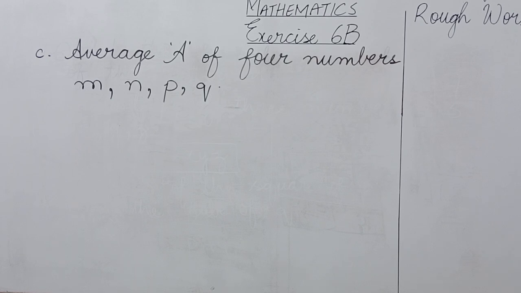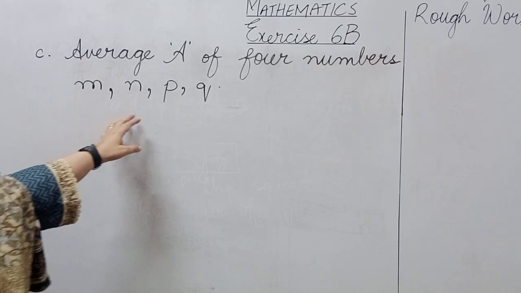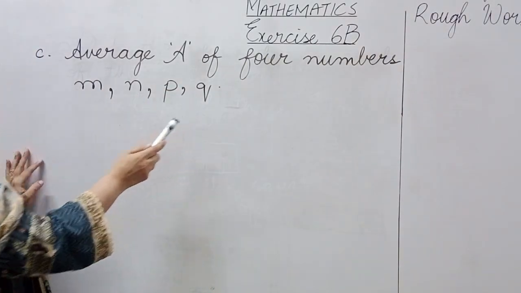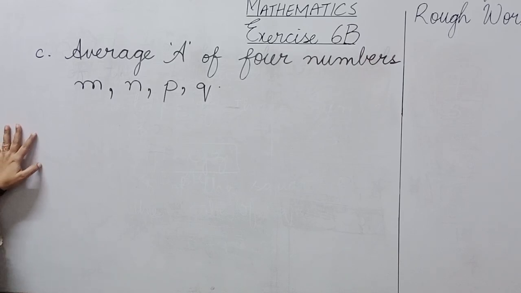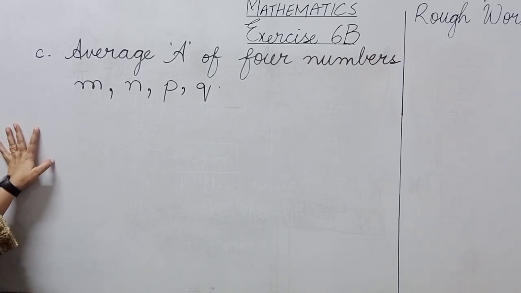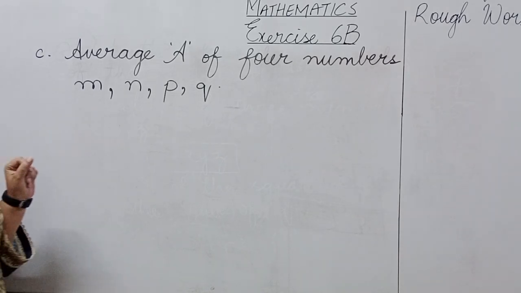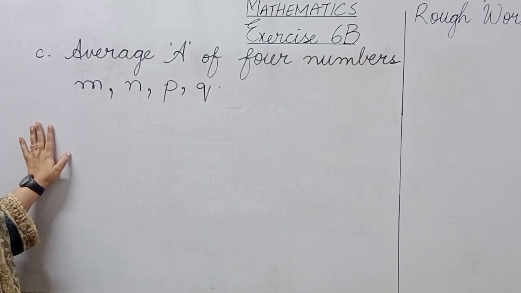Now part C is average A of 4 numbers M, N, P, Q. Do you know how we find an average? You get an average of your marks in your result, right? How do you do it?